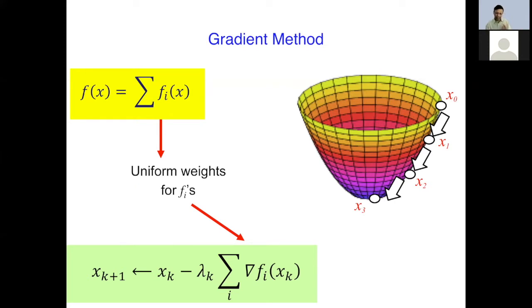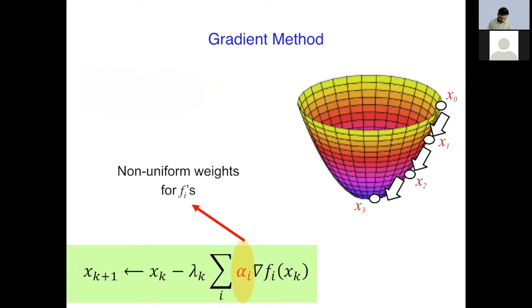Now, if I were to replace those uniform weights, which I said was 1 but could be something else, alpha, constant, and replace this multiplier for gradient fi by some other constant that depends on i, for example alpha 1 might be 1 and alpha 2 might be half, then the problem is that the function that I'm minimizing will be different.